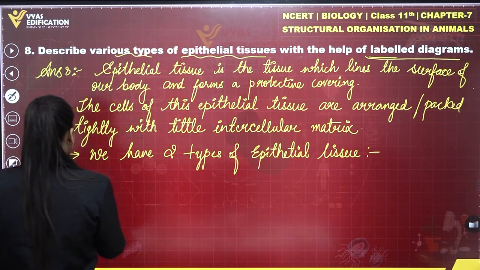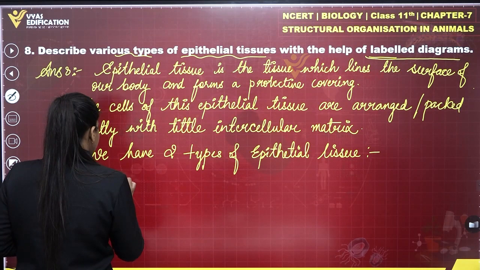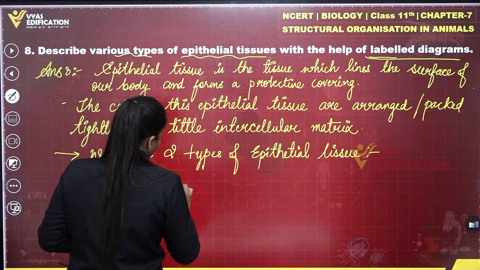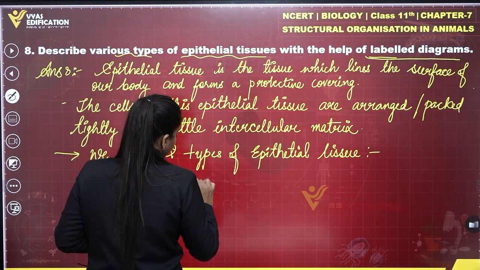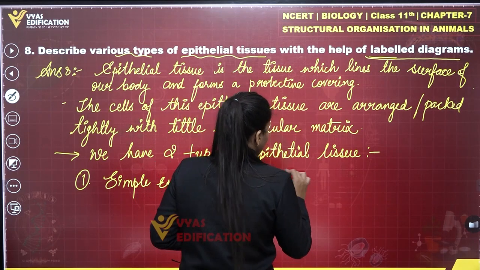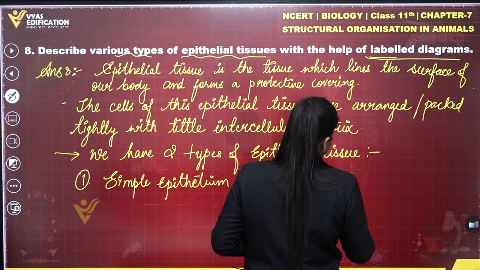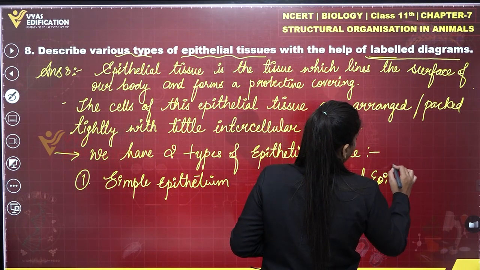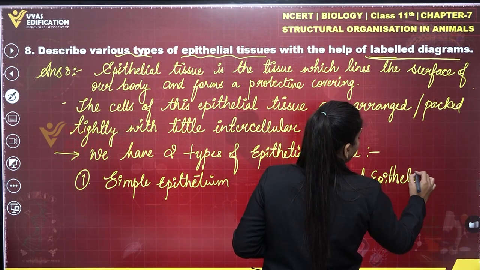Number one is simple epithelium or simple epithelial tissue. The second one is compound epithelium or compound epithelial tissue.